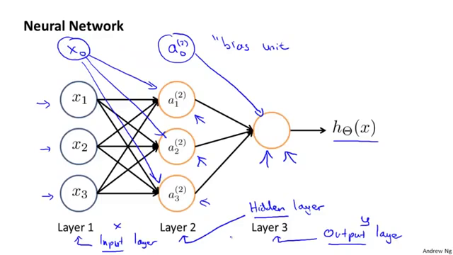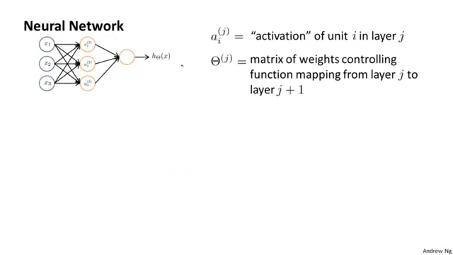I want to be really clear about what this neural network is doing. Let's step through the computational steps that are represented by this diagram. To explain the specific computations, here's a little bit more notation. I'm going to use a superscript j, subscript i, to denote the activation of neuron or unit i in layer j.